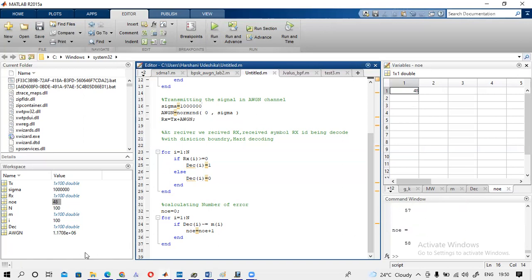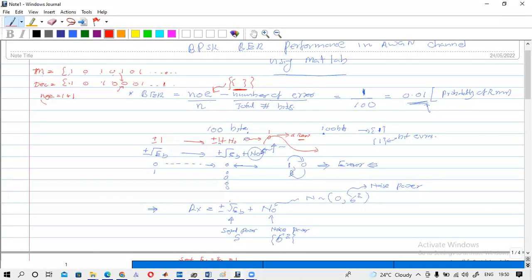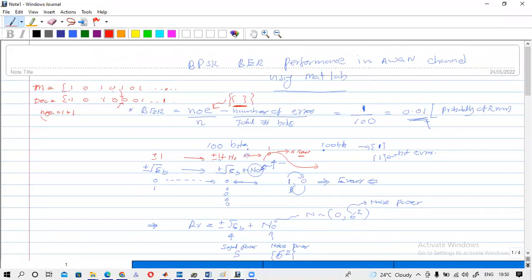Anyway, you can see that if we are changing it to very high, it does not come up to 50. Actually, that is very important. That is the probability, actually.